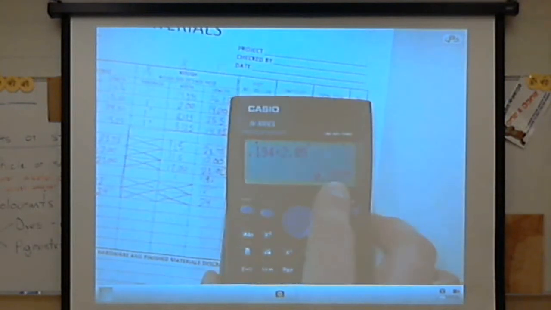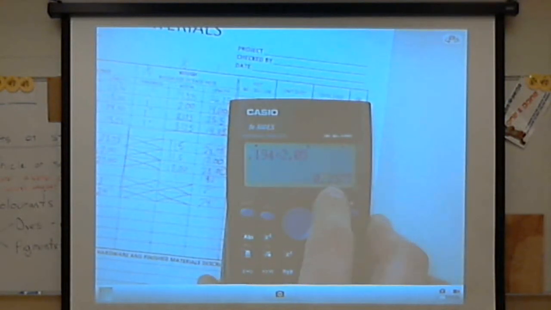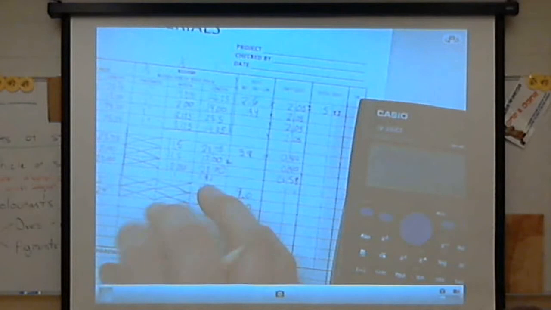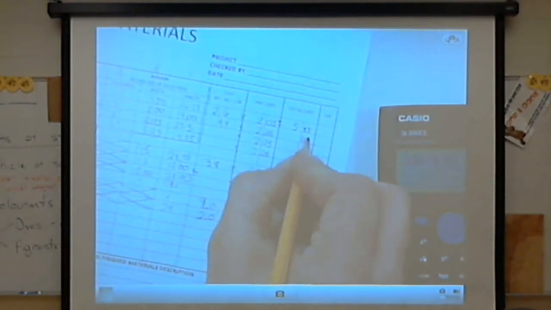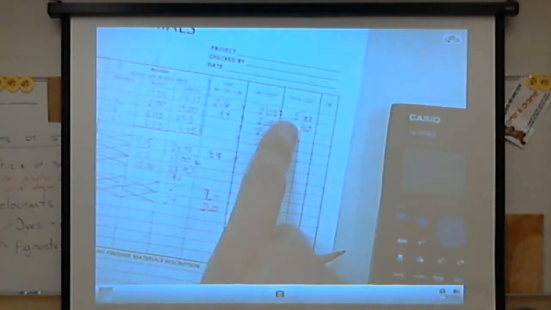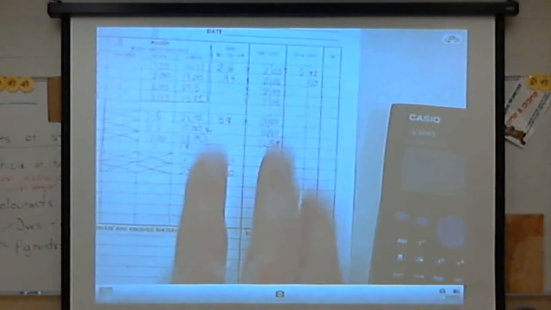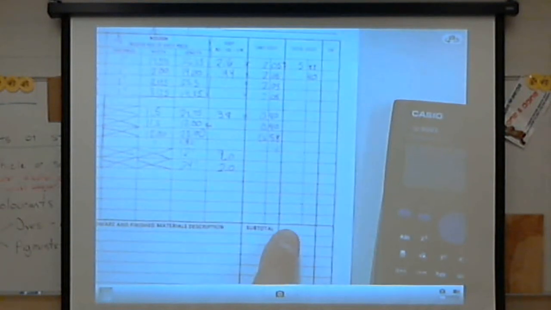So if you guys can see this, you have 39 cents and 77 hundredths of a cent, right? So we don't have hundredths of a penny, so that's just 40 cents, right? So what you would do is add those all up. That's going to give you your subtotal.